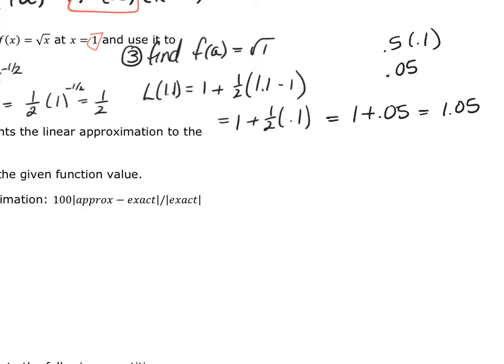This represents the square root of 1.1 approximately equal to 1.05. Now what I want you all to do in your calculators is tell me what the square root of 1.1 is. 1.048. Pretty good approximation. We'll pick this up again tomorrow.